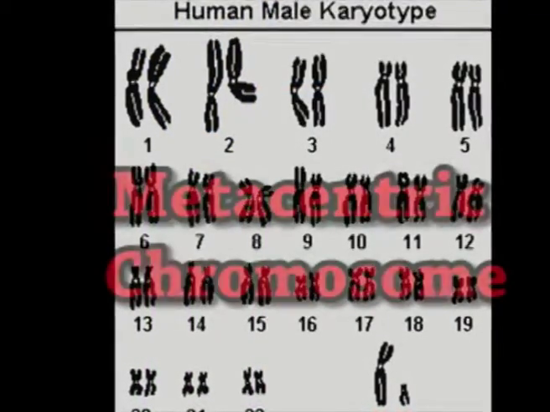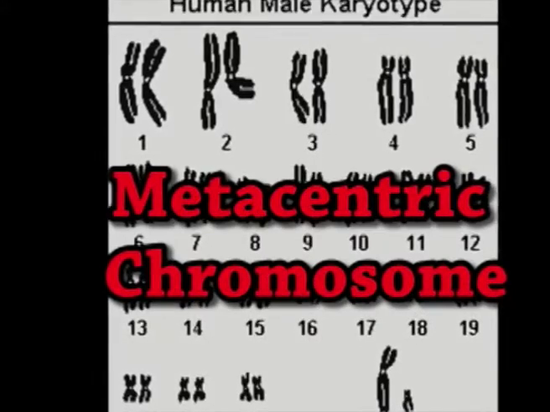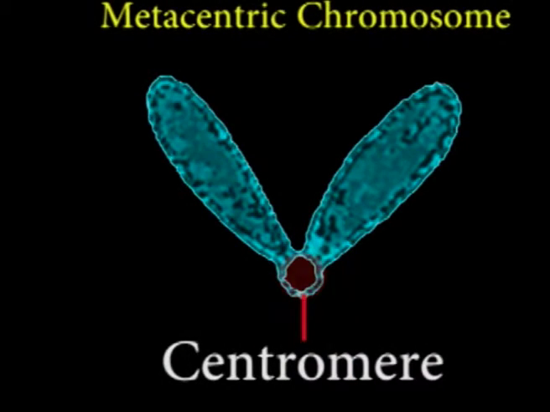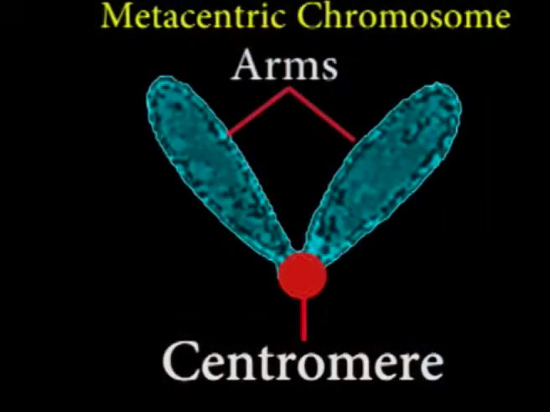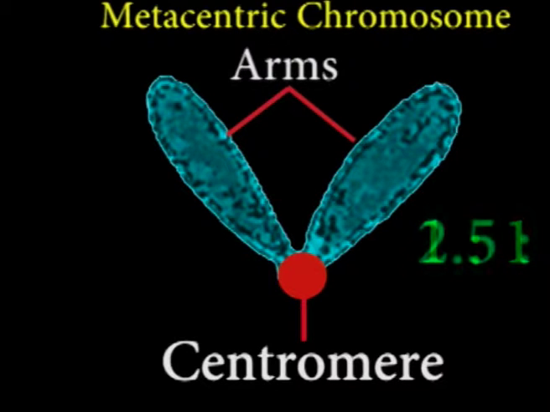One is metacentric. So metacentric chromosomes are those chromosomes in which the centromere is median or nearly in the middle of the arms. And such chromosome therefore has two well-defined arms with a length ratio varying from 1:1 to 2.5:1.